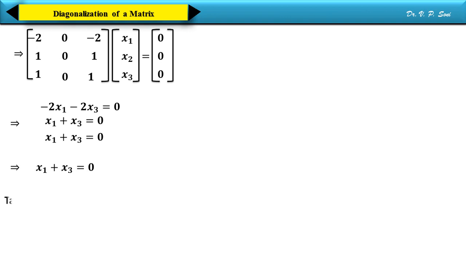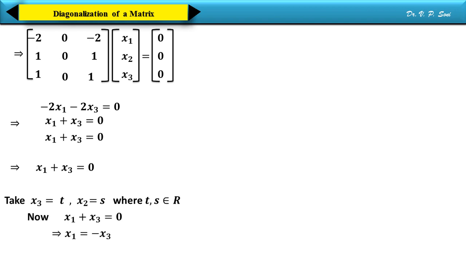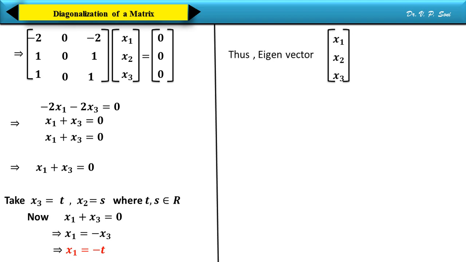Therefore take last two variables x3 equal to t and x2 equal to s, where t and s belong to R. Now x1 plus x3 equal to 0, put value of x3 equal to t. This implies x1 equal to minus t.